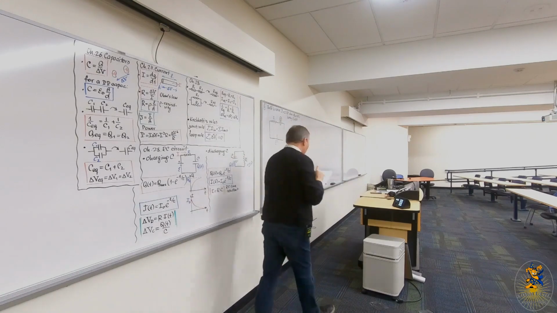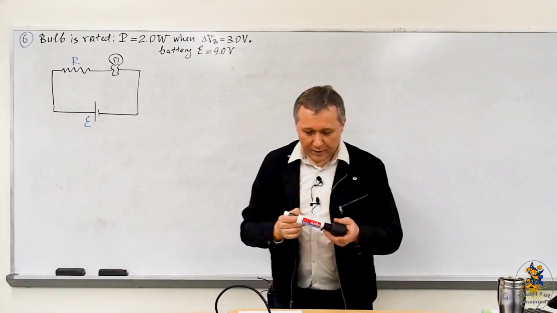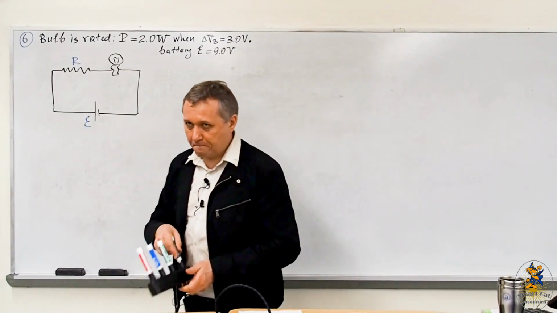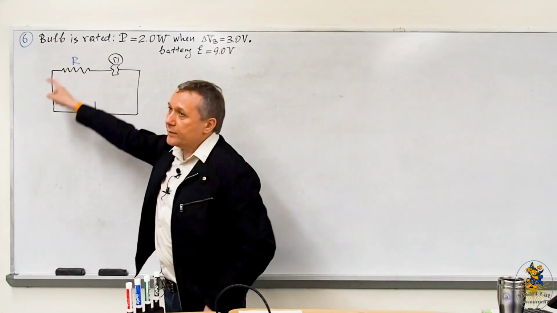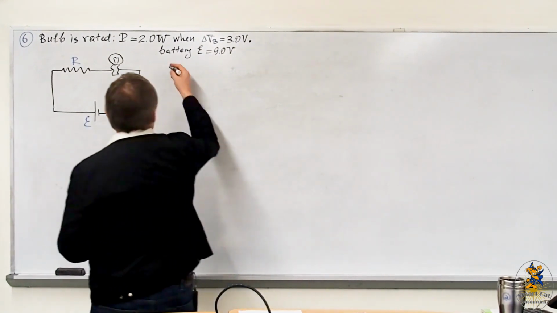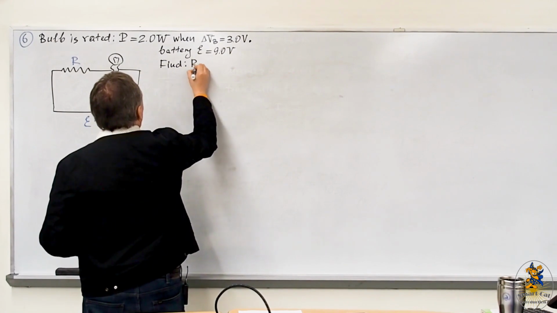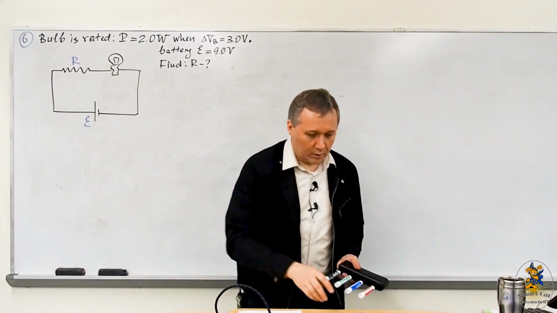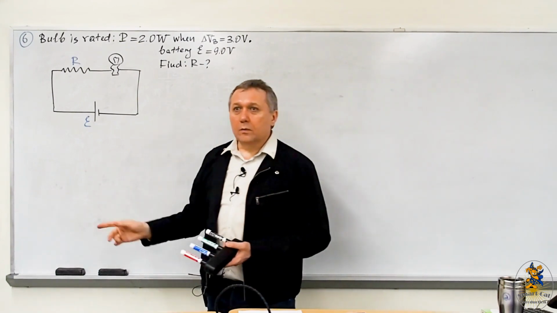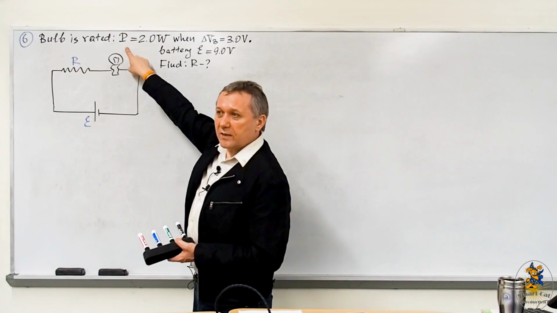These are the numbers. And now what we actually need to find. We need to find the value of this resistor so that our bulb will operate with this wattage.